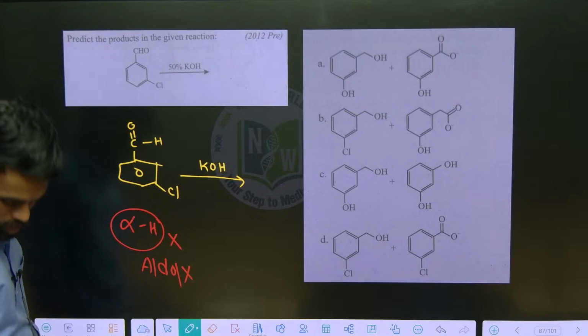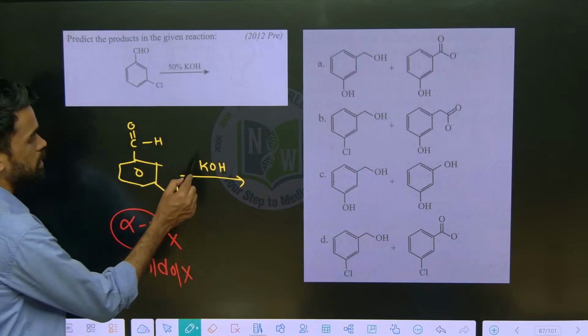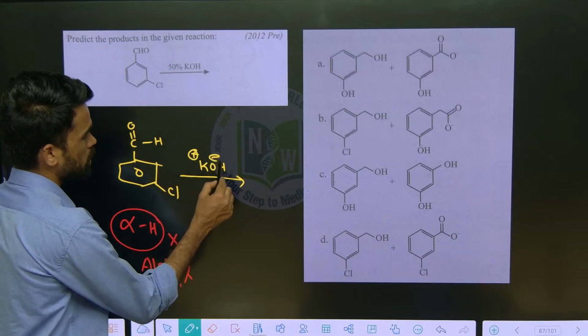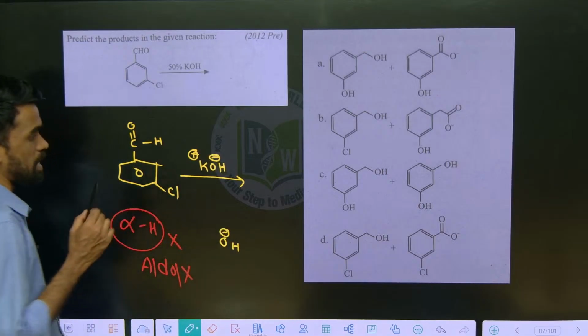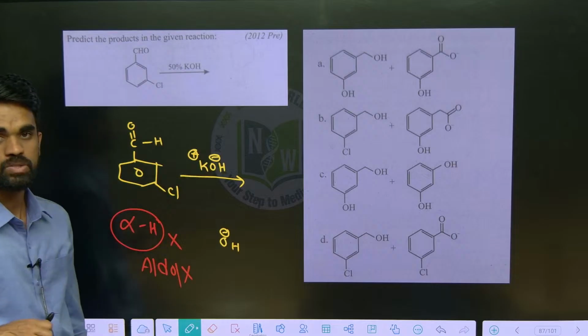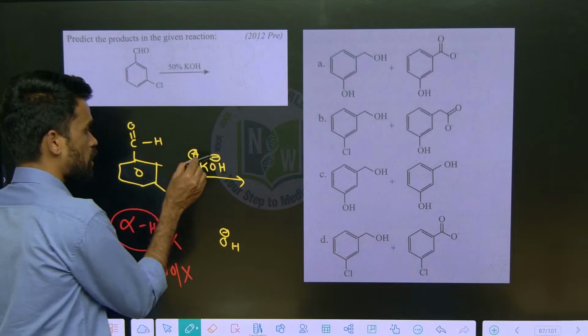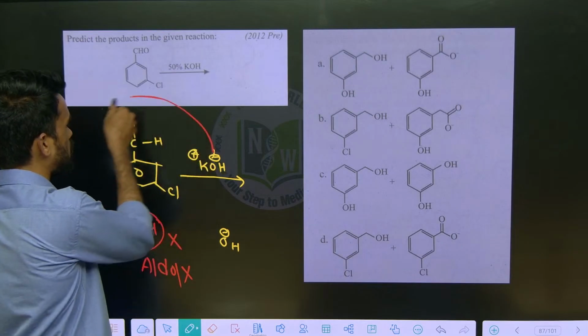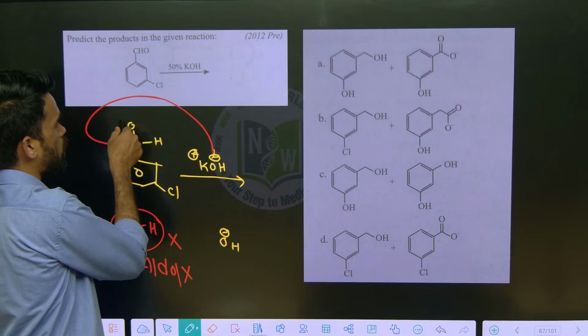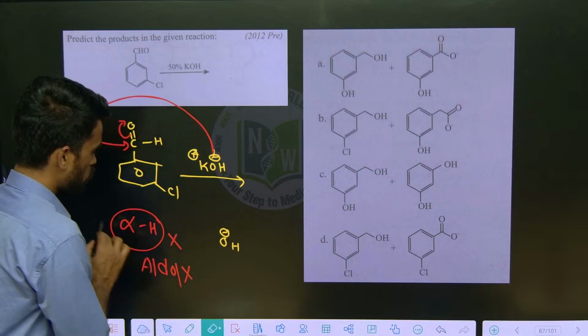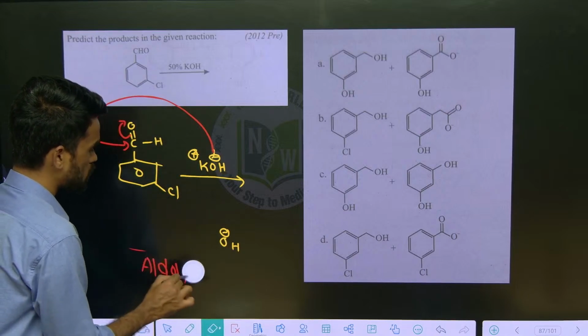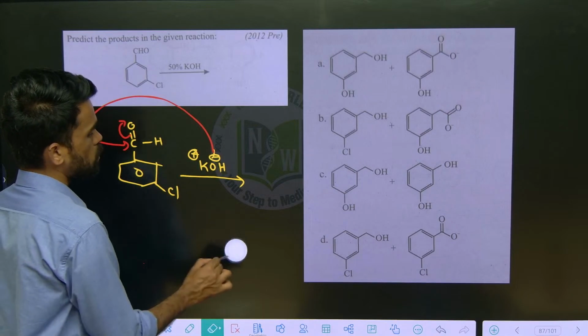Next, what is the other possible way? You can see K plus OH minus. The OH minus ion can also act as a nucleophile if there is no acidic group to abstract a proton. Now this hydroxyl group directly attacks the carbonyl group. What is the reaction called? Cannizzaro reaction. I hope you know this. If there is no alpha hydrogen, we can expect the Cannizzaro reaction.